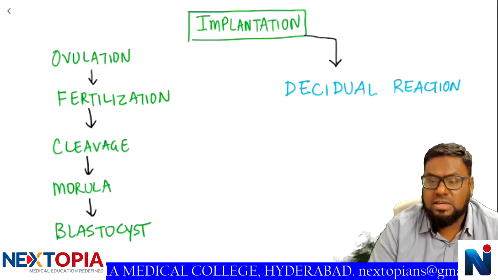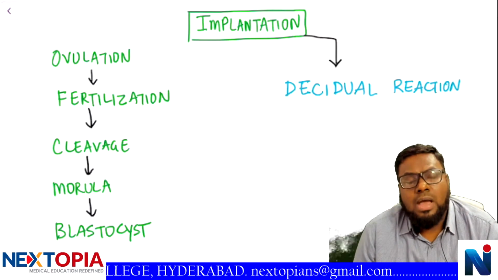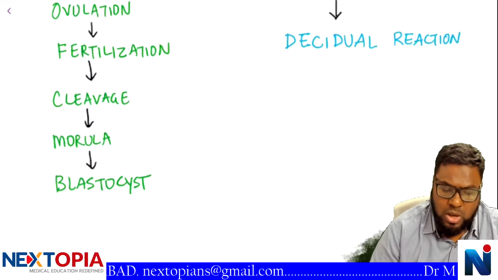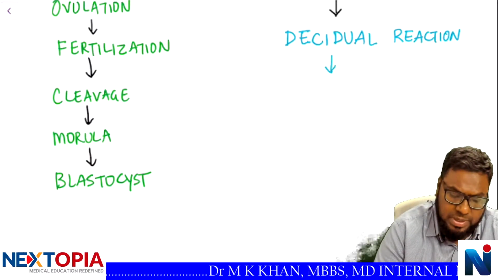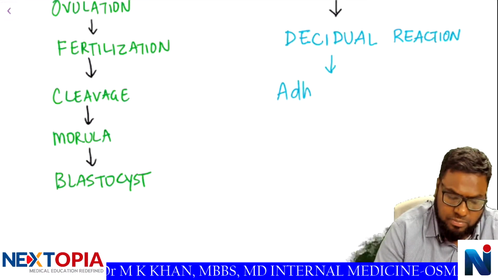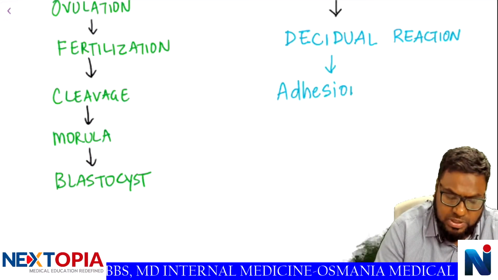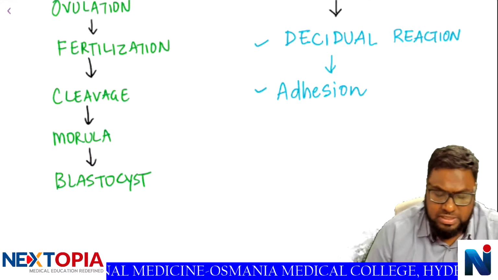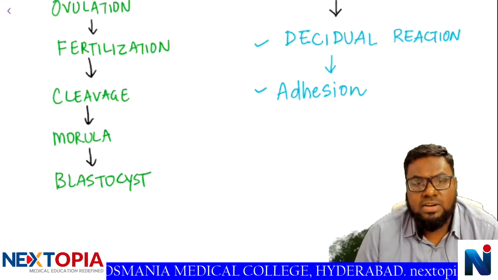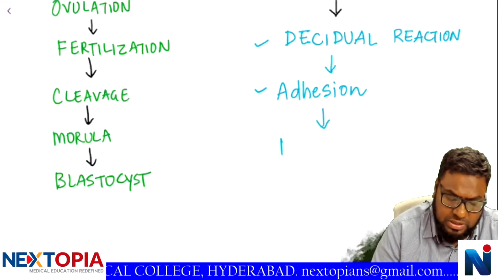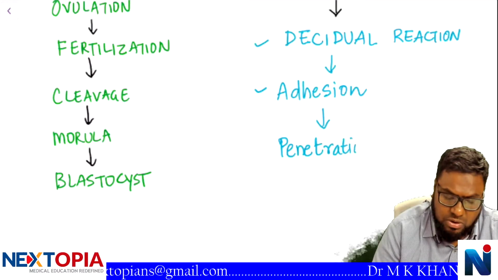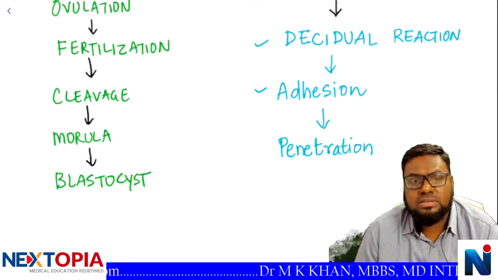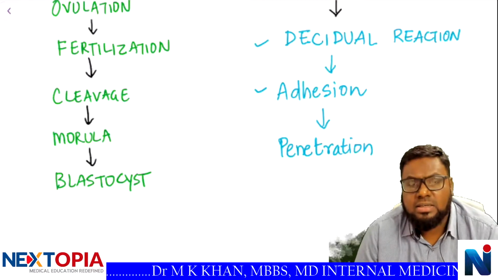After this, there is adhesion to the uterine endometrium. Adhesion means attachment. So formation of the decidua, then adhesion, followed by penetration of the embryonic structures into the uterine endometrium.